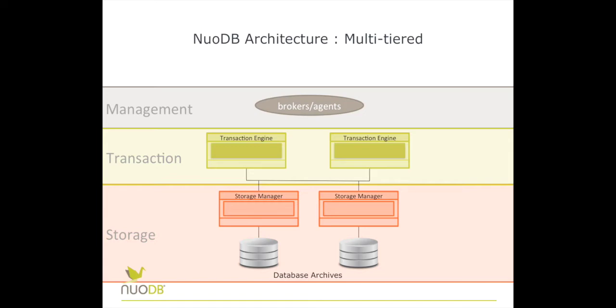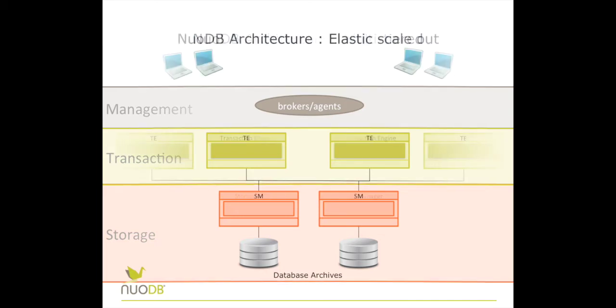The transaction engines connect to clients and provide their transactional processing for them, and in turn connect on the back end to storage managers, which worry about the persistence of all of the data. But the data itself resides in this distributed, shared cache that the transaction engines and the storage managers share between them and deliver up to the clients on demand.